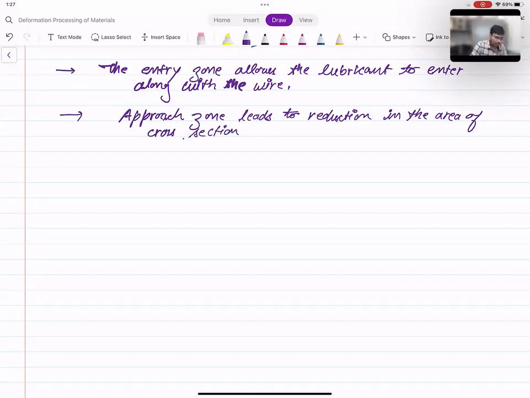Okay, and generally here comes the approach angle or the die angle.